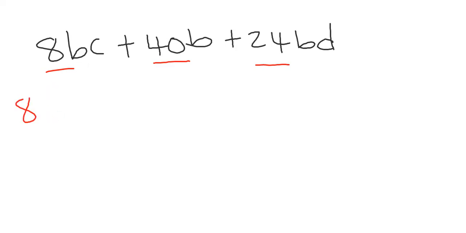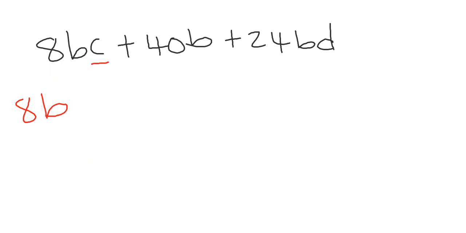Sorry, before I open the brackets, I have to check my variables. I have variable B here, then I have variable B here, and a B here. So it means a B has to go outside the brackets as well. Then check the next variables to see if they are in all the terms.